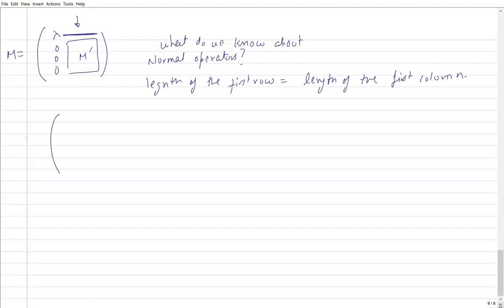So, in other words, if I have this guy as the first column, then all these entries better be 0. And I have a smaller matrix to work with. So, I have broken down M into the first row and first column, where this guy was my eigenvector, and I'm reduced to this M prime now.